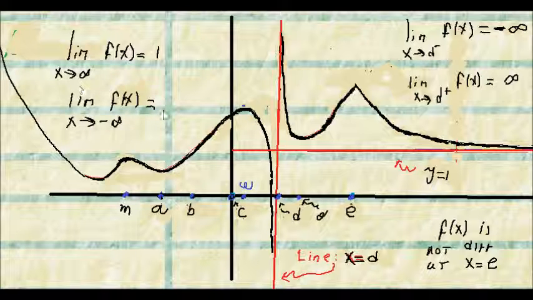This function seems to be going to infinity. As you approach negative infinity, this function is tending to infinity. As you approach positive infinity on the right, the function moves closer and closer to the line y equals 1. So the limit is 1 there.